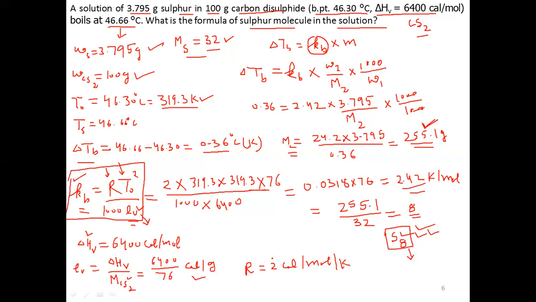R we have to use as 2, because delta Hv is given in calories. So R is 2 calorie per mole per Kelvin. So it gives us the value of Kb, which was 2.42. When we put it here, we calculated the molecular weight of sulfur. It was 255.1, so its formula was S8.